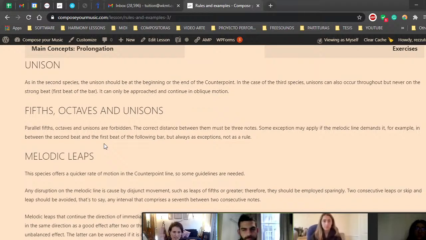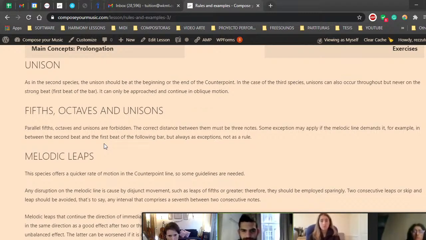Yes, if you have the second crochet, 2 more crochets, so third and fourth crochet, and the first crochet of the following bar. That is a kind of an exception, let's say. Or the third crochet with the second crochet. So basically 2 crochets in the middle. Yeah, 2 beats in the middle.